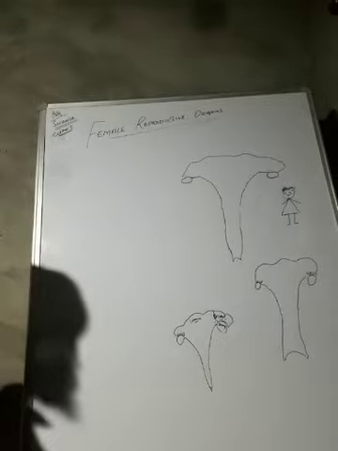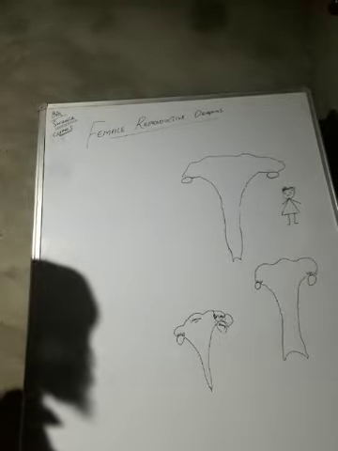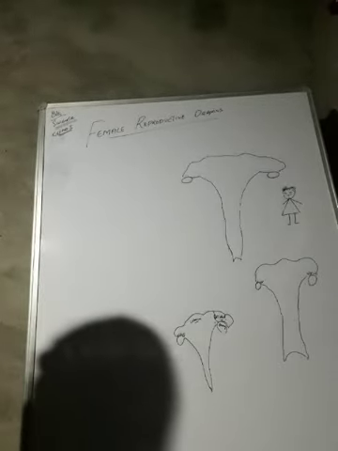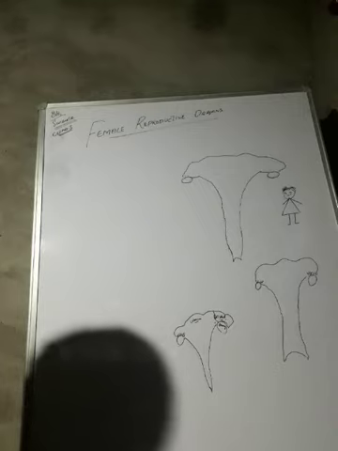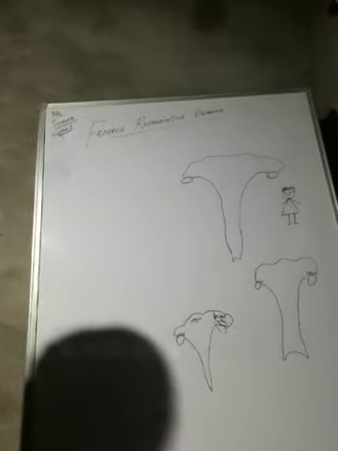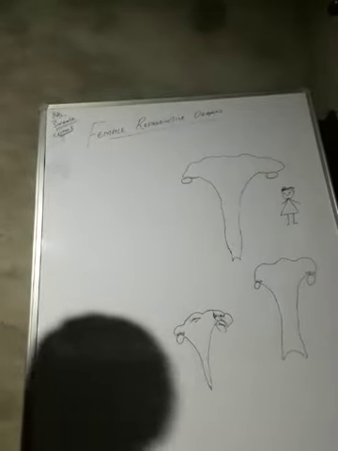These figures are the diagrams of the organs of the female reproductive system, or we can say these are the female reproductive organs in humans.